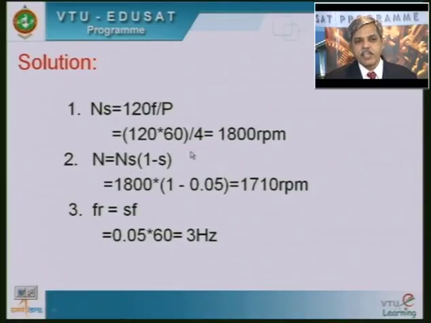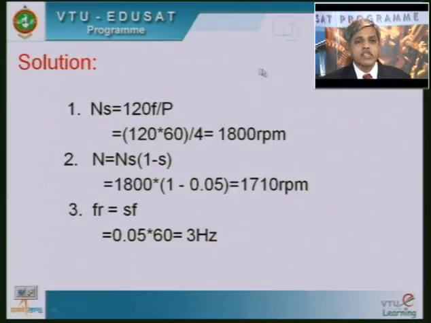So, simplifying that equation, I will get N, the full load speed, is equal to synchronous speed multiplied by (1 minus the slip). So, using the parameters 1800, and the slip, which is given in percentage, when I put it as a normal value, 5% is 0.05. Okay? This difference, 1 minus 0.05, is 0.95, and that multiplied by 1800 will give you 1710 RPM.